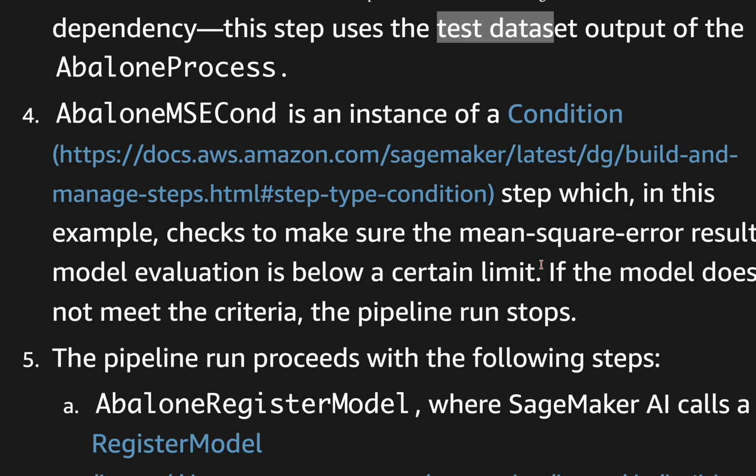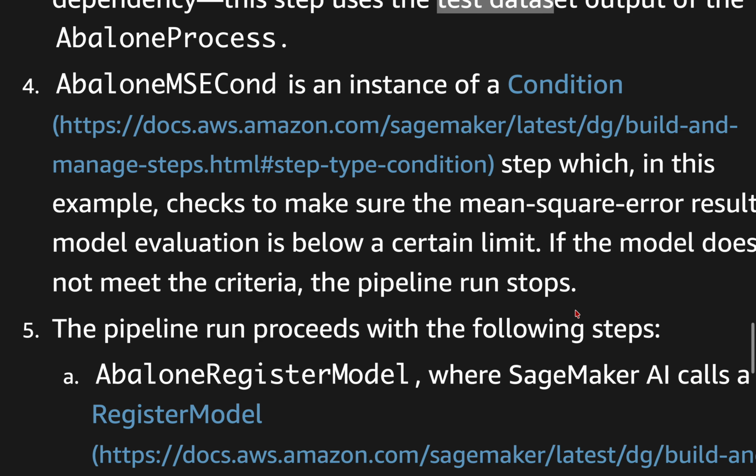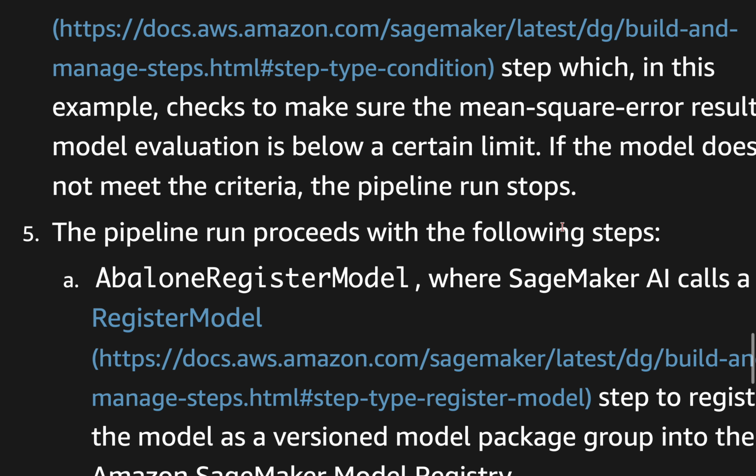So if it is close to the real prediction, then we will proceed to create a model out of it, or we will register this model, or we will do the batch inference of this model. This will be done based on this condition criteria which we have set.